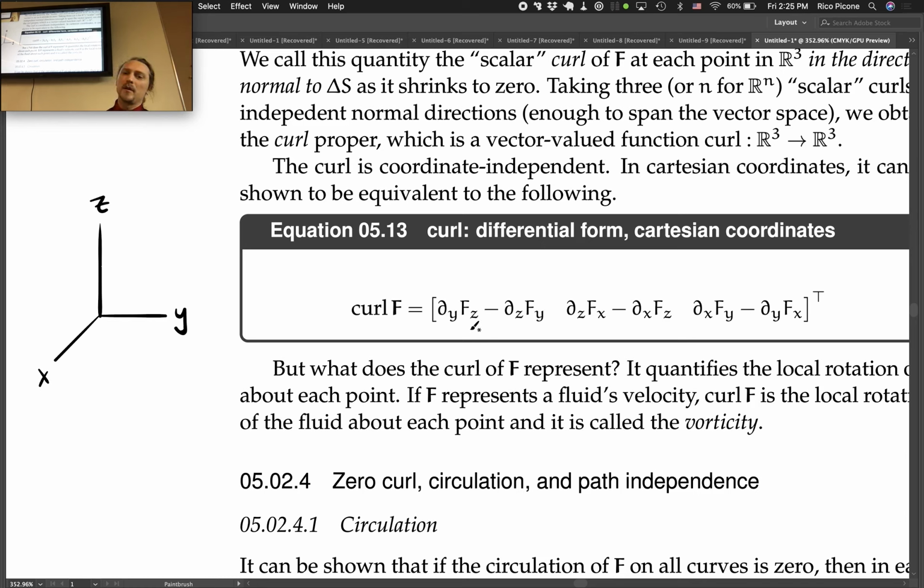So the x component has to do with the z and y components of f. So you take the partial with respect to one variable of the component in the other direction. So the y and the z show up together, and the z and the y show up together.